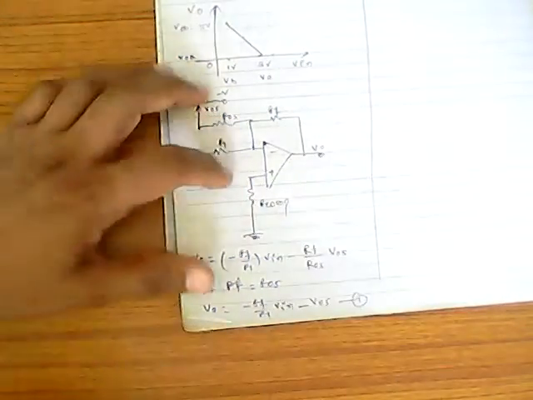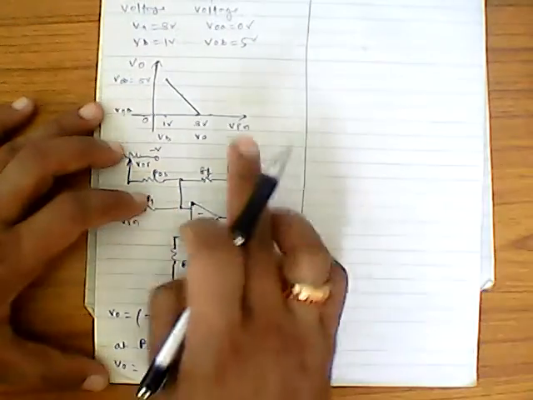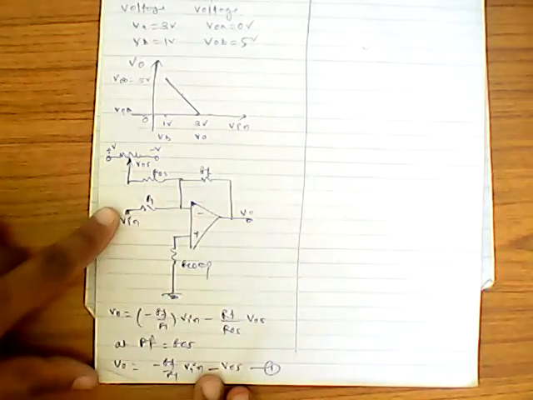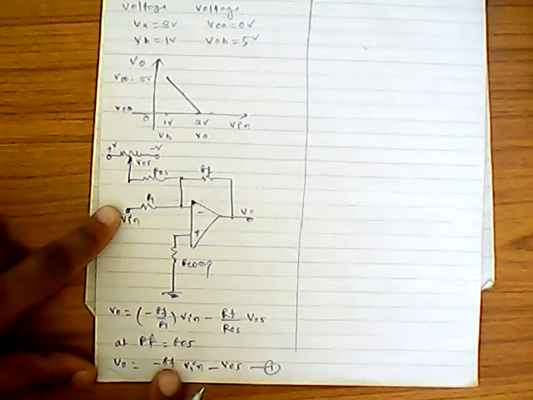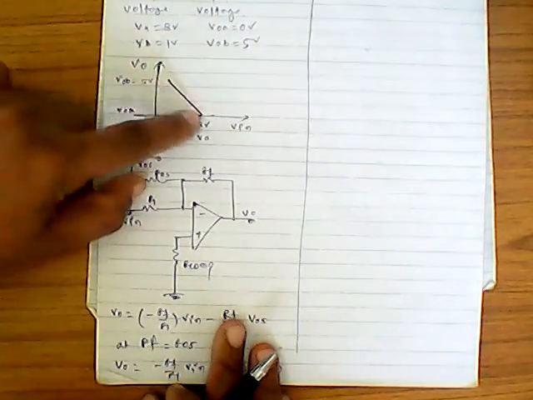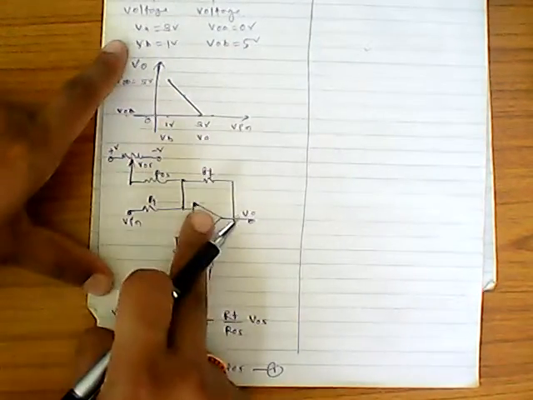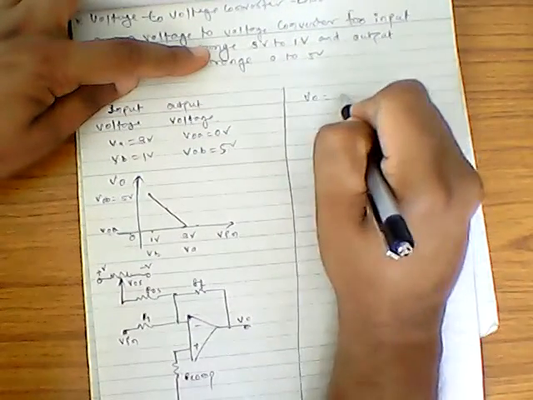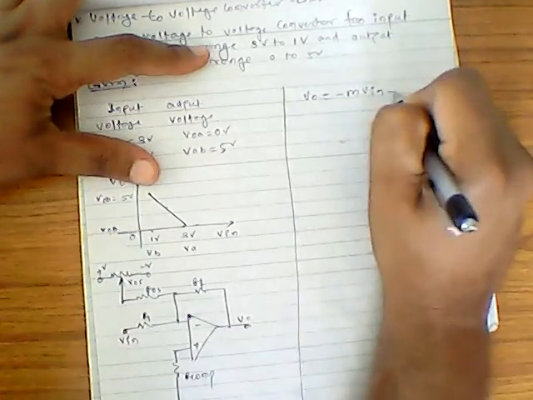Let us say this is equation 1. RF by R1 is the gain of this particular amplifier. If we put this gain as unity, the equation becomes like this. So this particular factor gives us the negative gain, and for this type of line the slope is negative, so we can develop with this type of circuit. So the equation is in the form VO is equal to minus M into V in minus VOS.